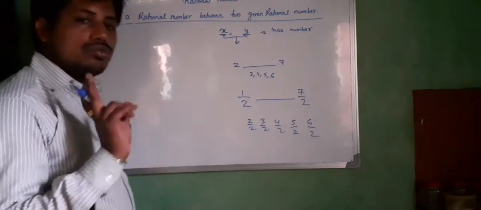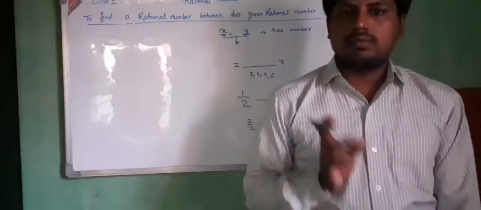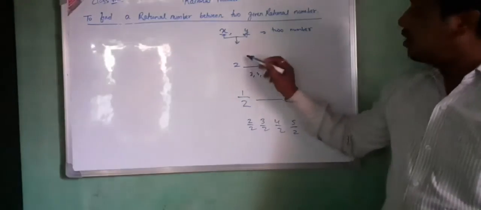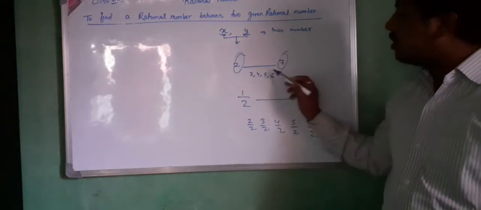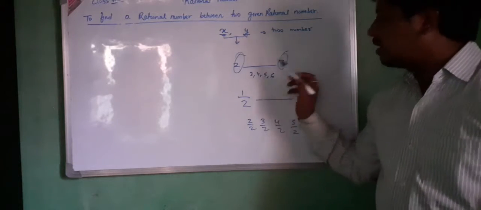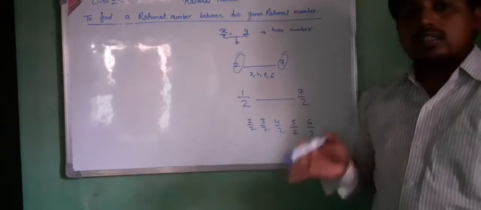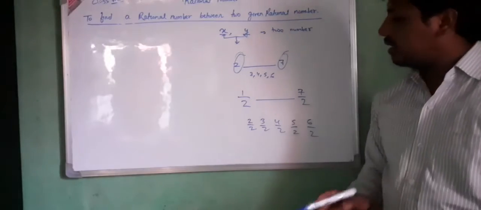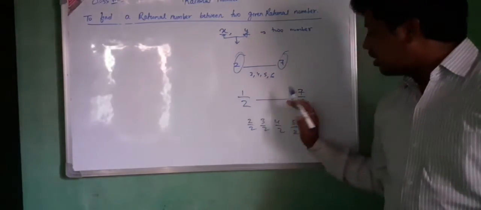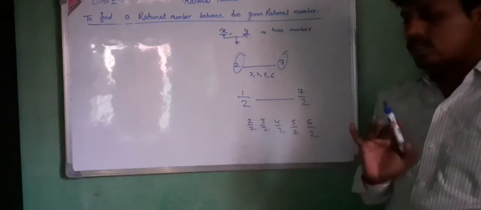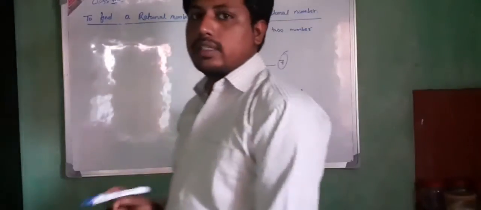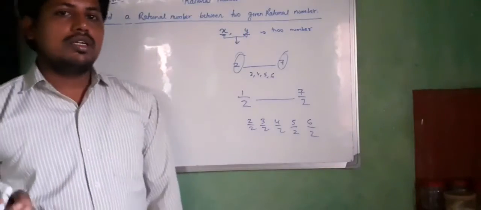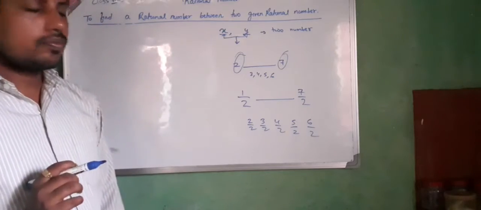So between two rational numbers, different other rational numbers are present. That we have to find out here.